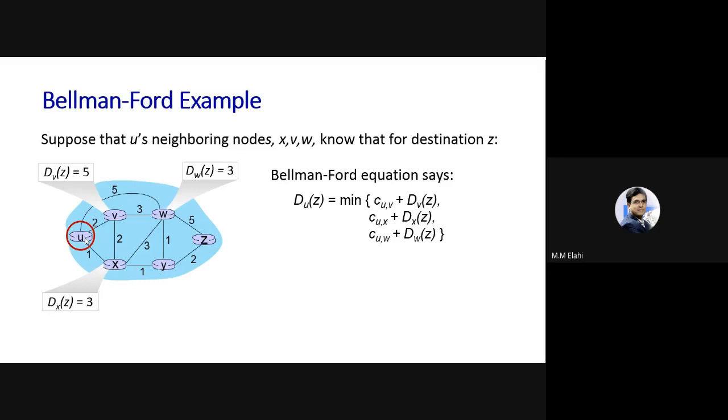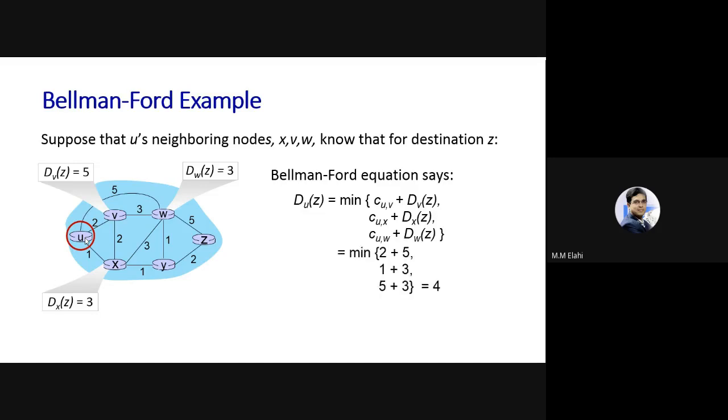See, V will inform you: from my node to Z, the least cost is 5. So that is d(V,Z). Similarly, for each of the other neighbors, you will get the total cost, that is direct cost plus estimated cost from the neighbor. Direct cost to X and then estimated cost from X. Direct cost to W, that is C, and then estimated cost from W to Z, which you will get from W. How d(V,Z), d(X,Z), d(W,Z) are calculated depends on that particular node.